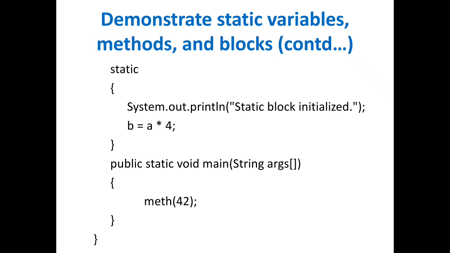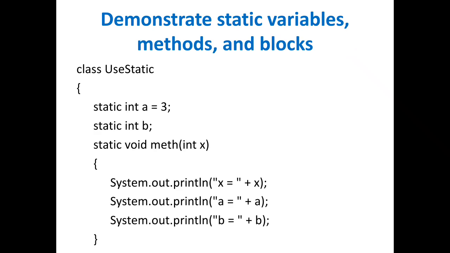Then in main method we have the meth function, which is called, and the value 42 is passed. So this value 42 will be passed to this meth static method. So 42 is the value of x here.